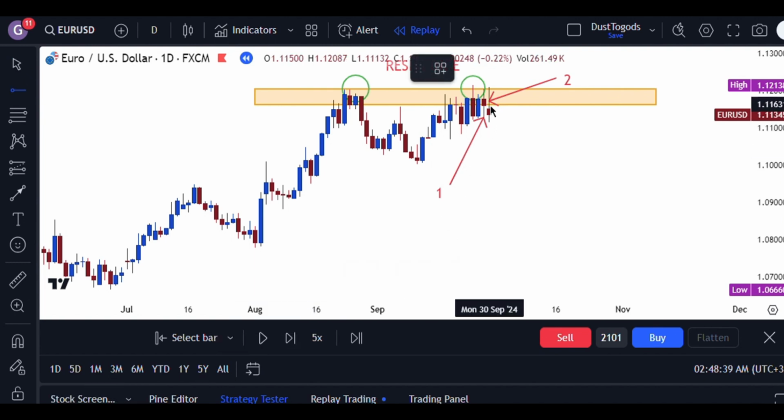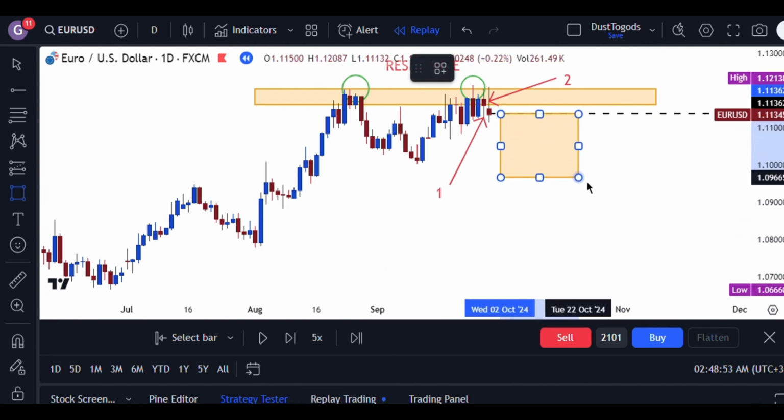So now we mark out the close of that candle. We mark it out with a horizontal line. This is the close of that candle. We mark it out on a daily time frame. So that is the close of our candle.